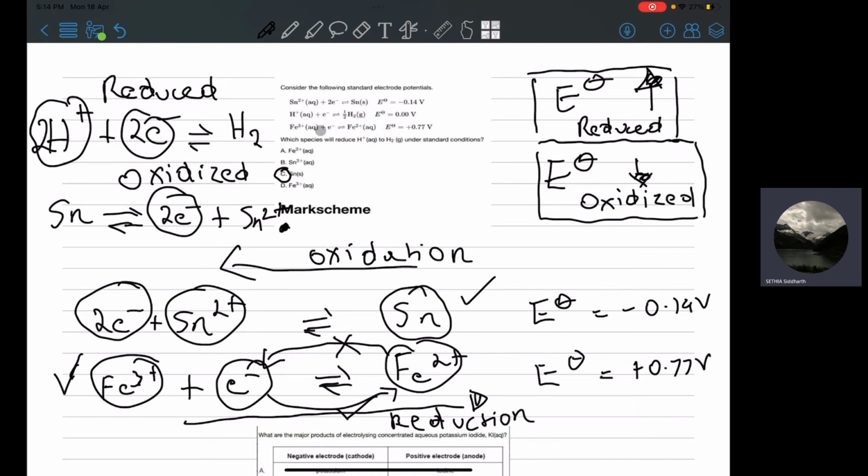That means that this particular reaction over here will not reduce H plus. And since this has a lower E naught value, this will be the one which will reduce H plus. So hopefully that makes sense. That's a faster way to do it. And again, if I just unblur the mark scheme answer, it's C, which is the answer we got, and hopefully that makes sense.